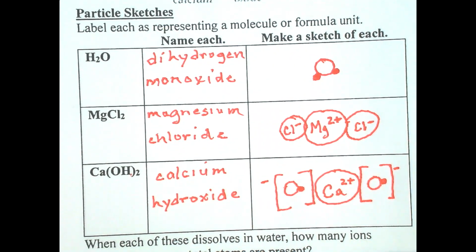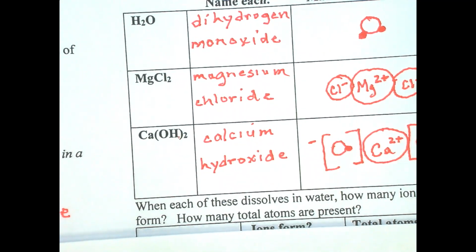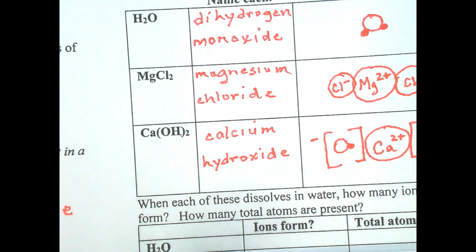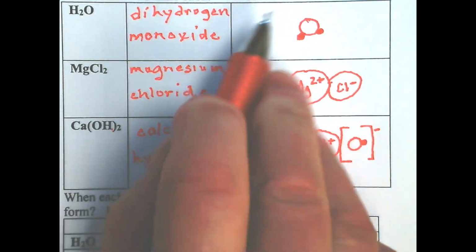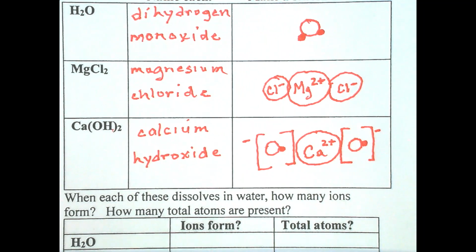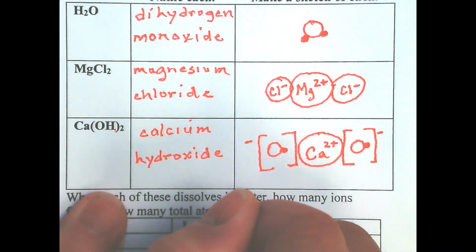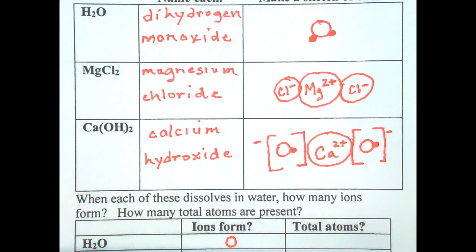When each of these dissolves in water, how many ions will form and how many total atoms are present? And so if we do the first one, how many ions form? So are you thinking, how many ions do I get out of that? Well, you actually do get some, we'll see in the spring, but it's such a tiny, tiny fraction that for right now we're going to say 0.